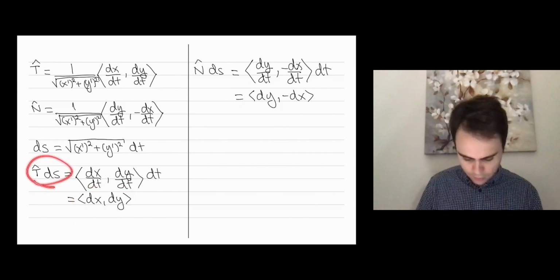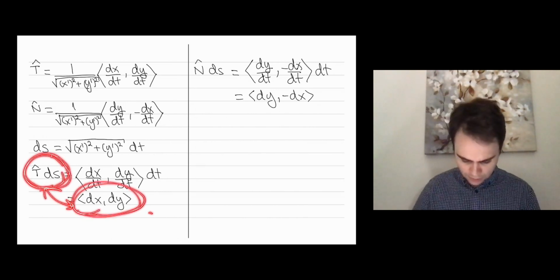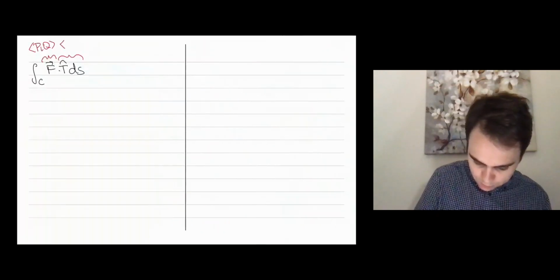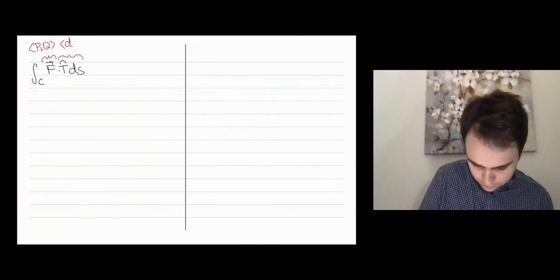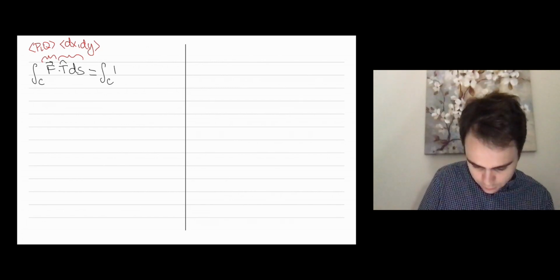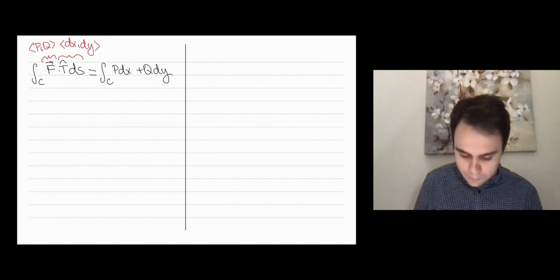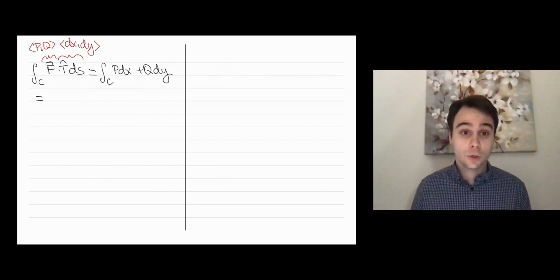When I integrate this, I can just replace T ds with dx comma dy. So this is the same as the integral over C of P dx plus Q dy.